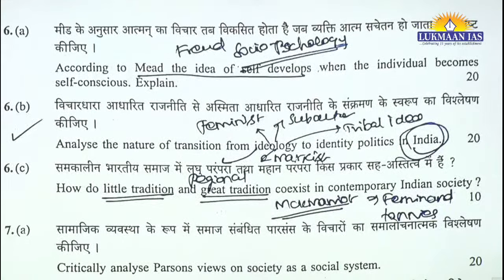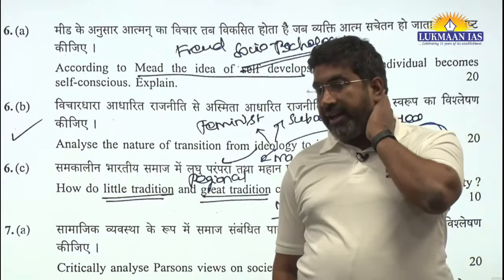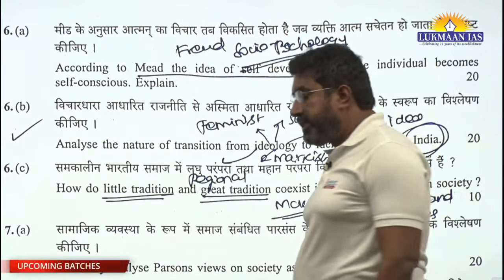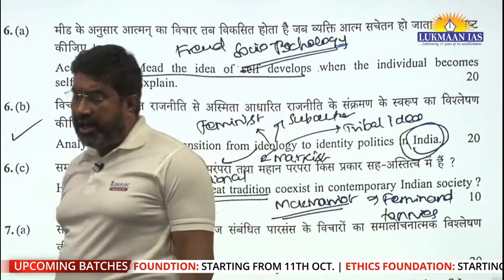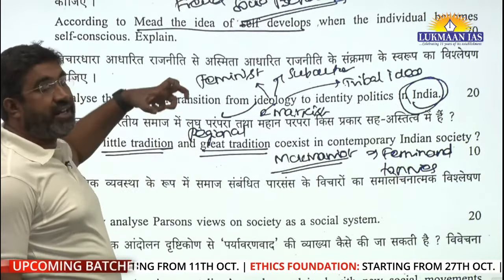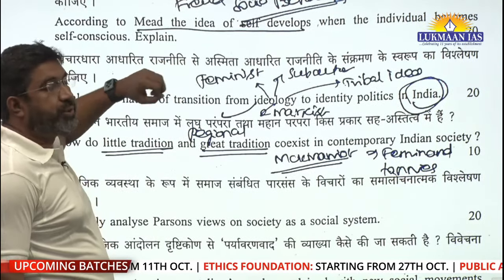Again, according to Mead, the idea of self develops when the individual becomes self-conscious. Behavior radicalism. Though Mead was not asked in the last 2 years, it was definite that he would come. And when we develop Mead, see, Mead is one of the thinkers who is hard to understand.